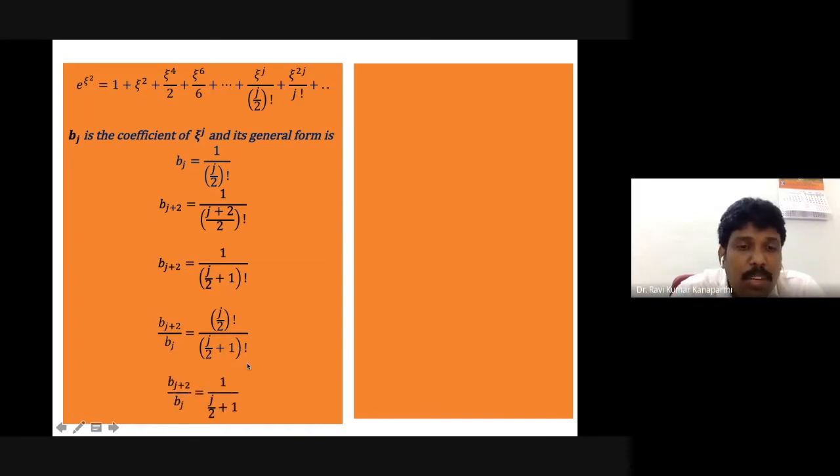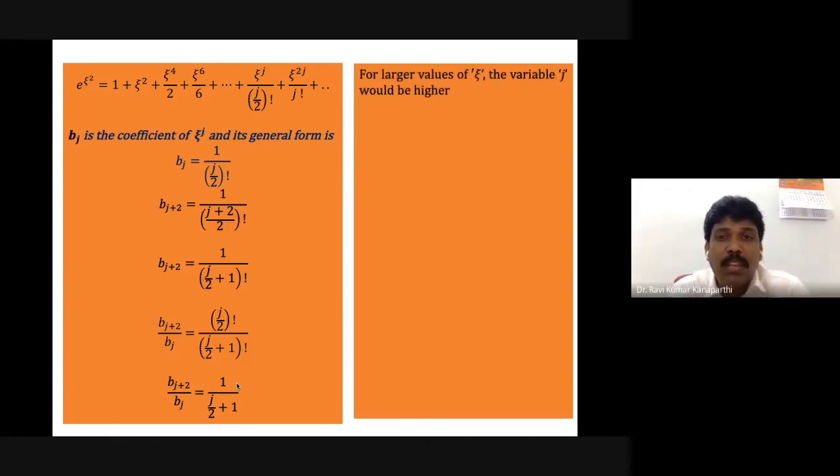When you simplify this, you are going to get bj plus 2 by bj is equal to 1 over (j by 2 plus 1). Since we are dealing with a larger power, that 1 can be neglected.